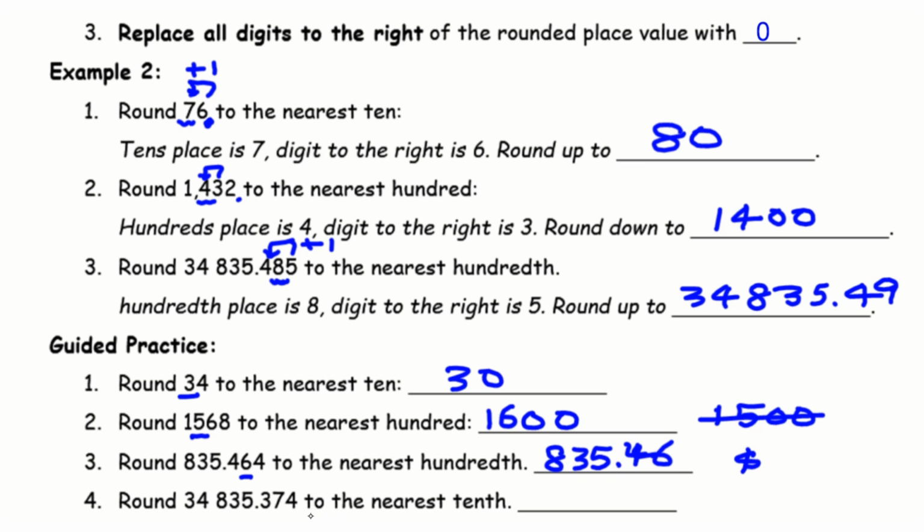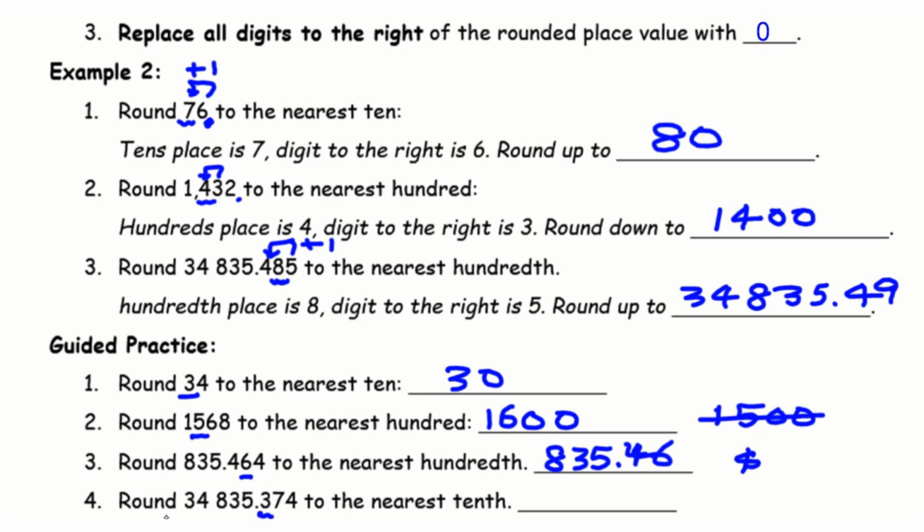Change it to 0. And this one, the nearest tens. After the decimal, the first one is tens. So the tens place value is at 3. Then we look at the number to the right of the 3, which is 7. So 7 is greater than 5, we round it up. So 3 becomes 4.